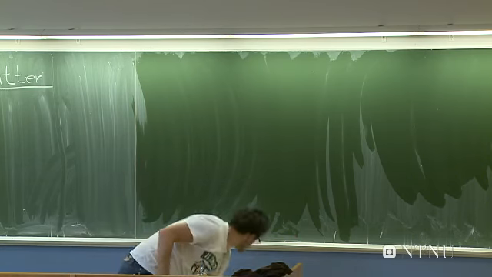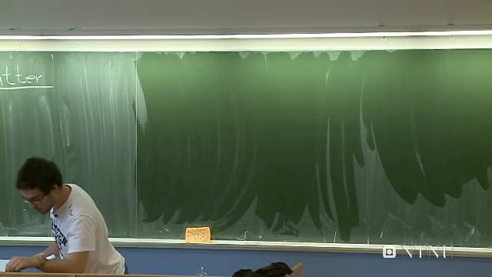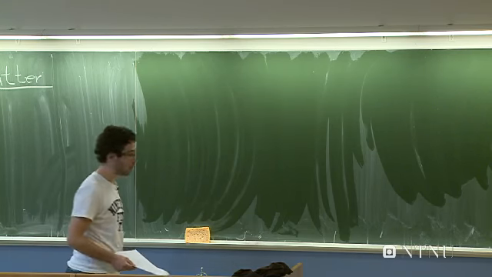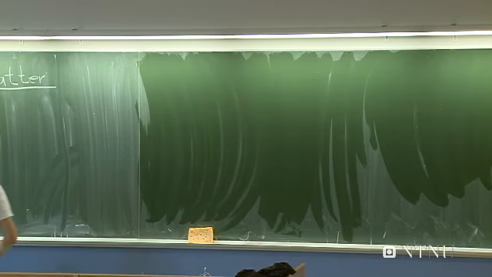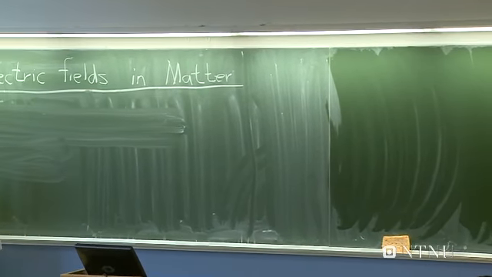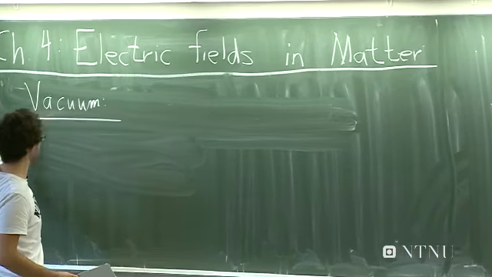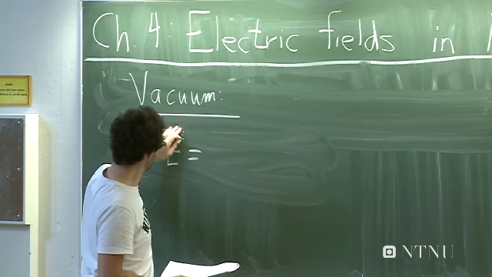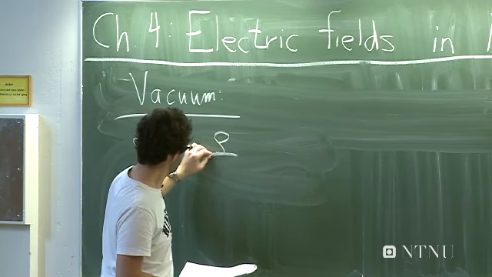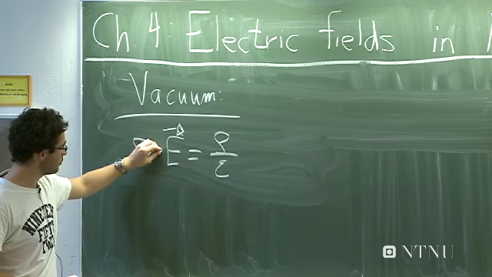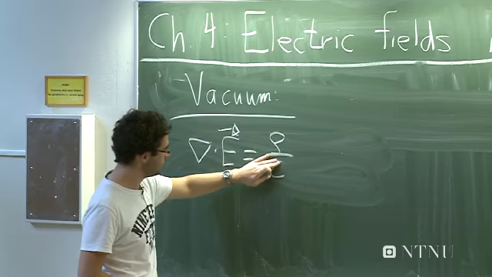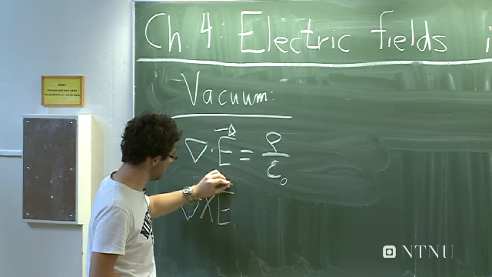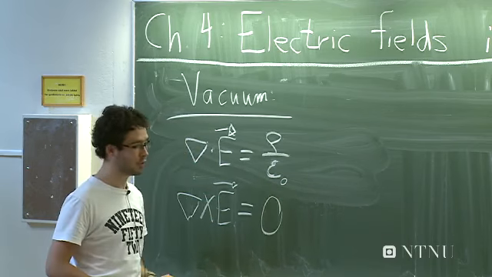Now, a brief summary. So in a vacuum, we have the following 2 laws, the Gauss law and the Faraday law, like this.